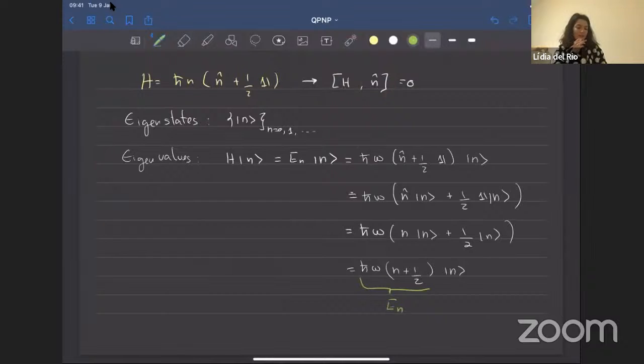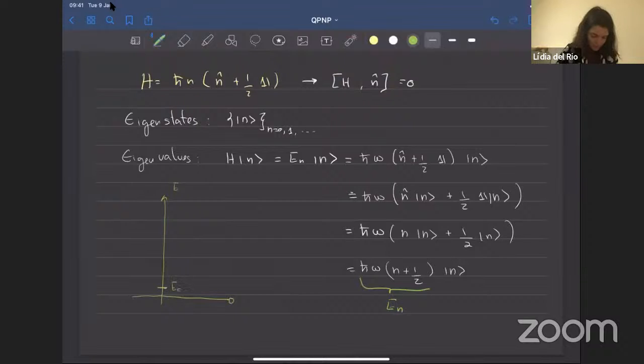Okay. Now, this is very nice, and I'll tell you why. It's because it's linear in n. Unlike, I don't know, the hydrogen atom where the energy changes with n squared, here it changes linearly in n. So if this is the energy, and that's 0, the first state is here.